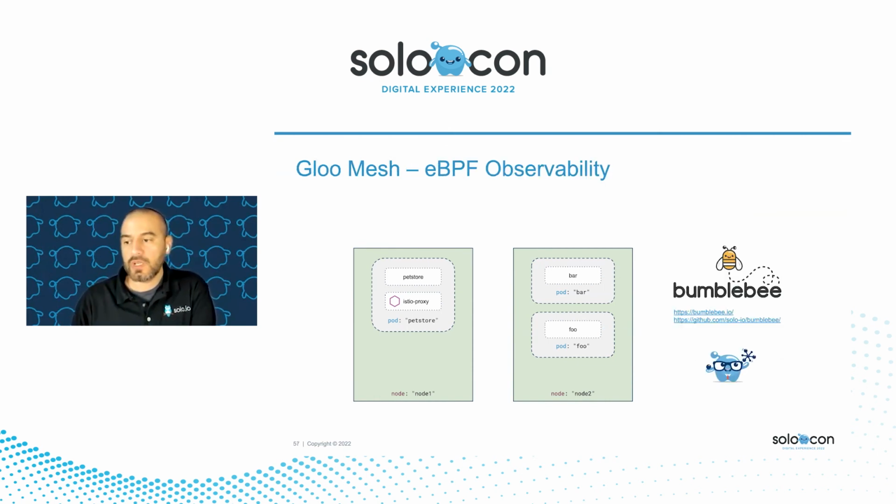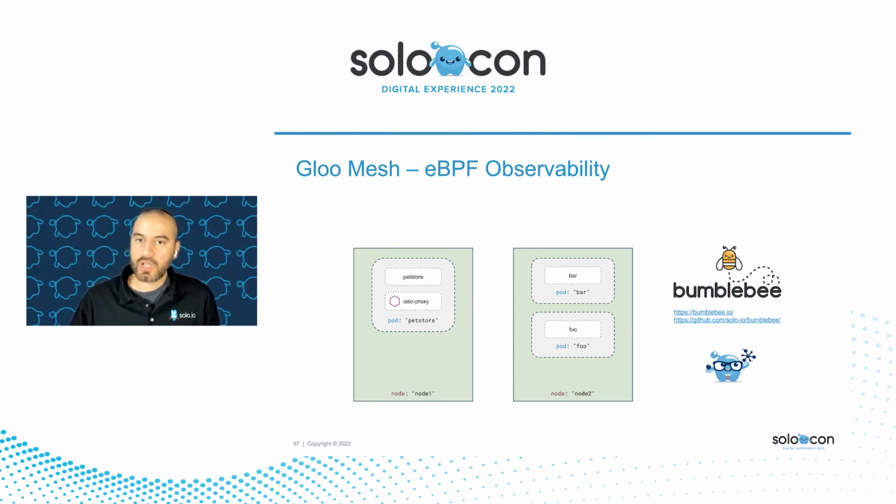So what we can do is use Gloo Mesh, and then we also have another open source project. We have a talk at SoloCon as well on Bumblebee. Really, what that's intending to do is provide a nice workflow for observability-based eBPF programs, and it makes it so that you can deploy those programs from any OCI registry.